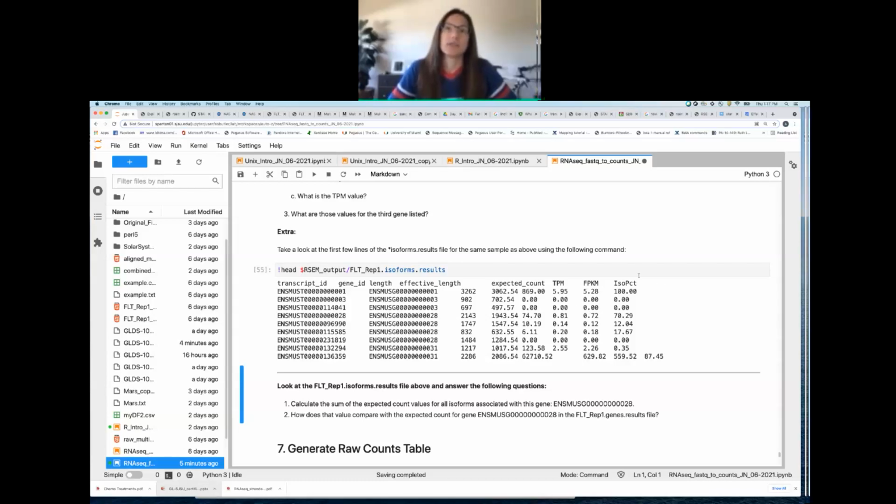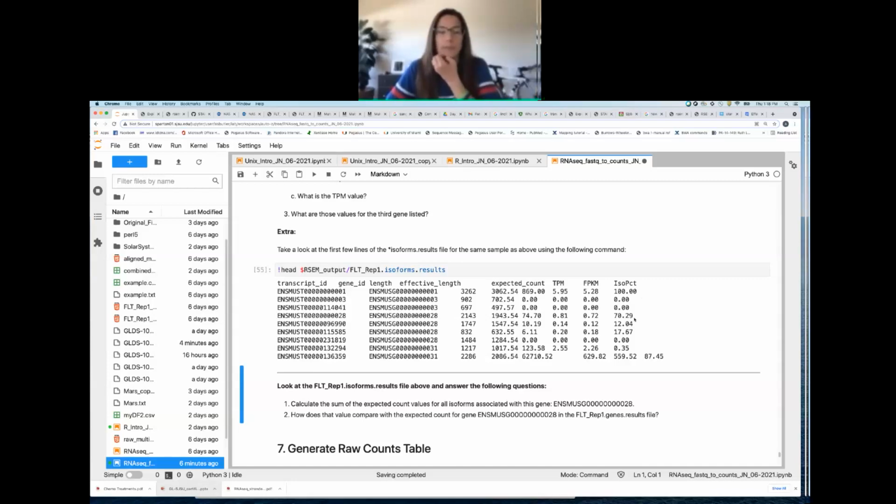And then it also gives you an additional column at the end here. And so that additional column, you see it says ISO PCT, that stands for isoform percentage. And so based on the data that you provided, so based on those reads and how they align to the different isoforms, it gives you a calculation of what percentage of that isoform is expressed.